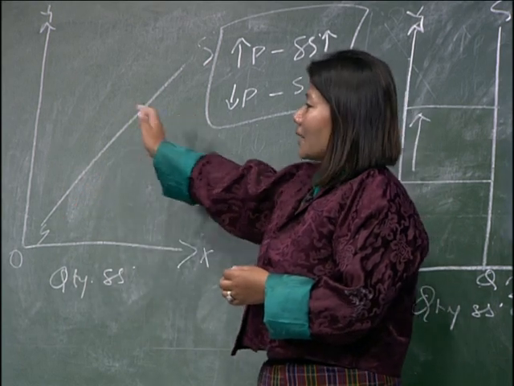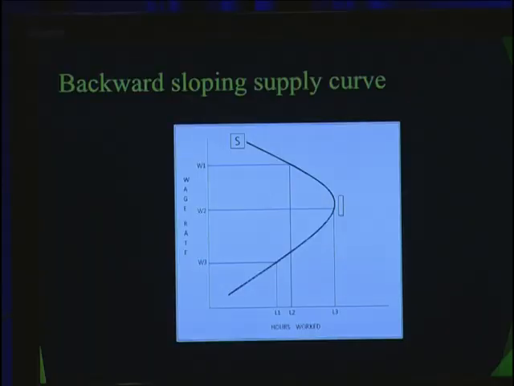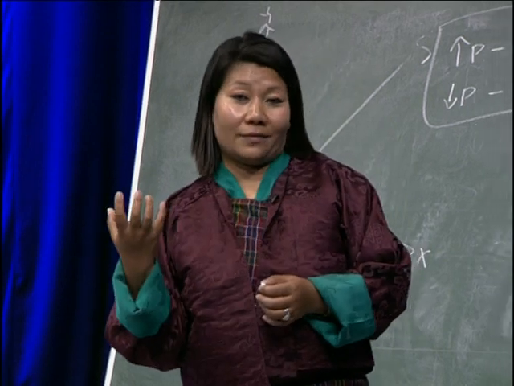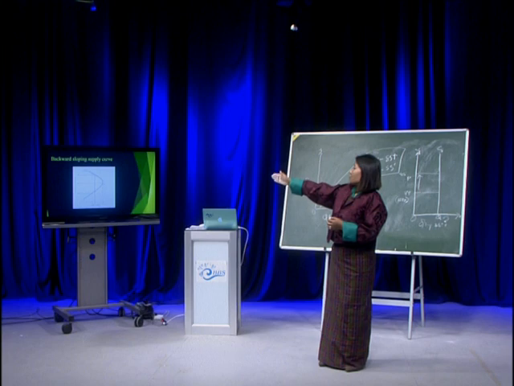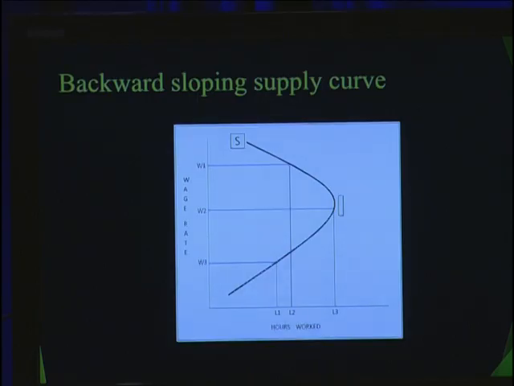It should be positive, but interestingly here, the backward sloping supply curve almost follows the law of demand curve.